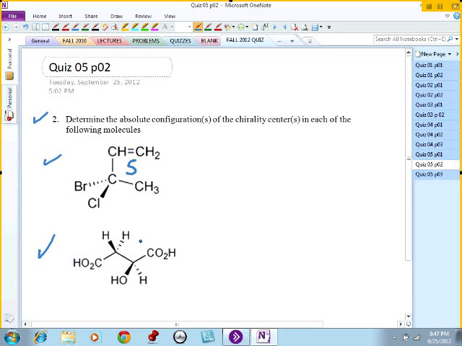In other words, position yourself in a very convenient way as long as you see two groups coming at you in a horizontal fashion. That means the other two groups will be going away from you in a vertical fashion. So let us now do that.